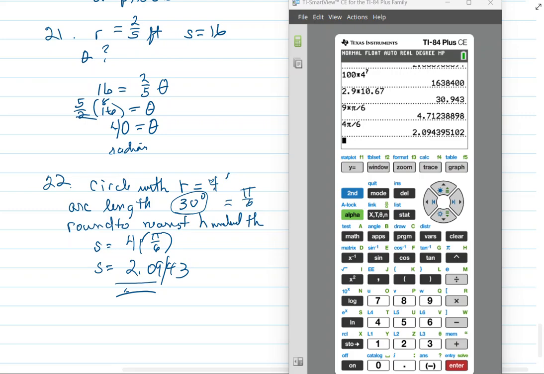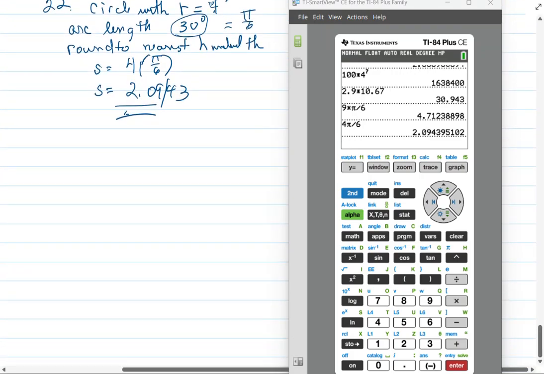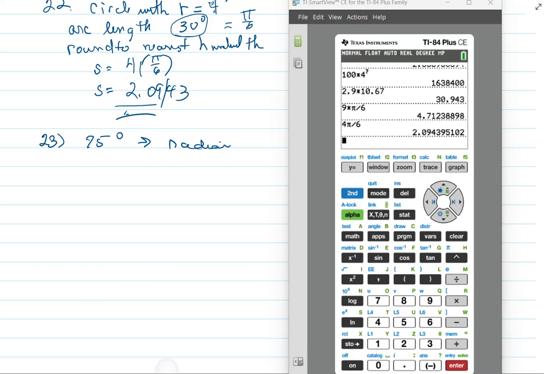Okay, now let's see where I'm at. Convert angles to express with pi to radians. So we know the proportion. We know that pi is equivalent to 180 degrees.